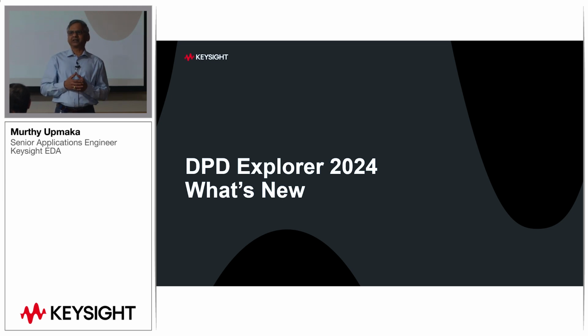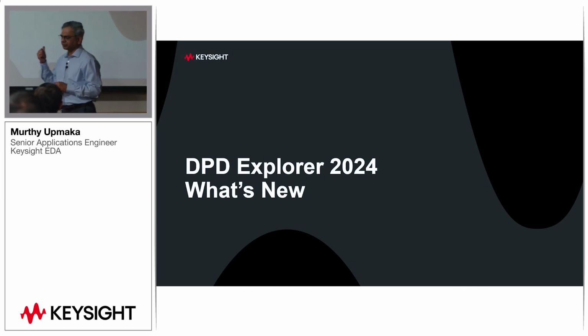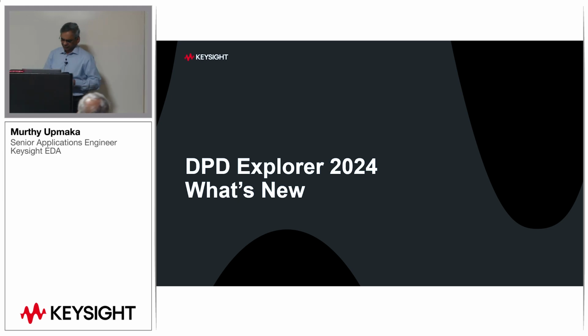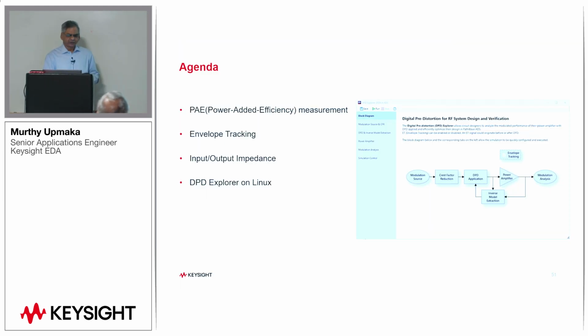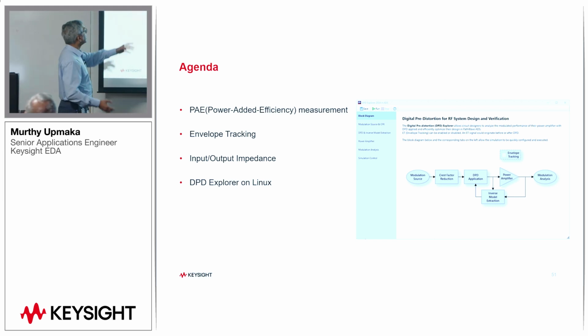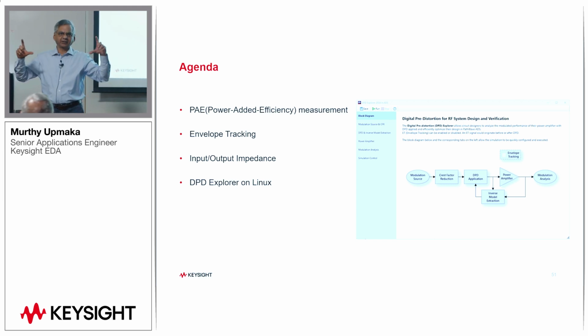Much deeper fidelity is required than the simple behavioral model that I have shown. So we need to bring the whole process from the system level area into the circuit level area. That is what the digital predistortion explorer for circuit designers is all about. So as a circuit designer, I can go into ADS and launch it. I can say, okay, you are in your circuit schematic.